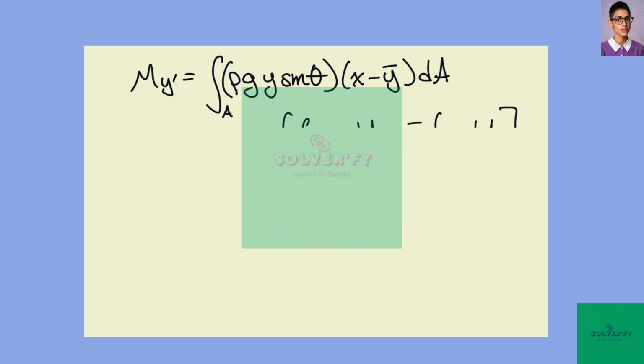For those we need to figure out where the x position is of the pressure that's acting, minus y bar. This is the moment arm that's causing this moment, and then we multiply that by the pressure and integrate over the whole area.